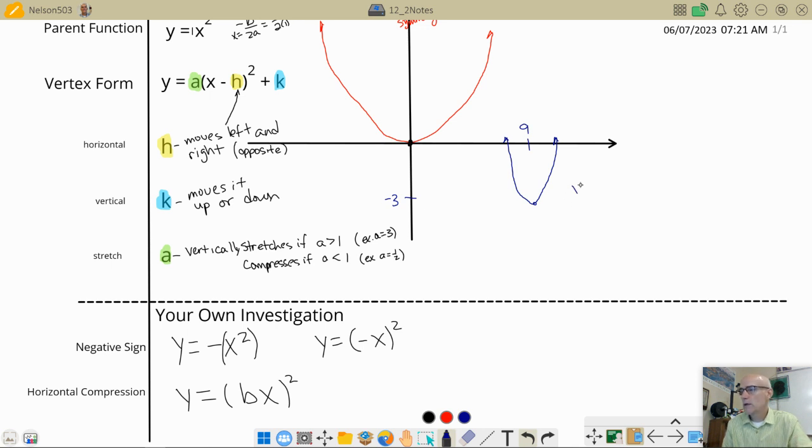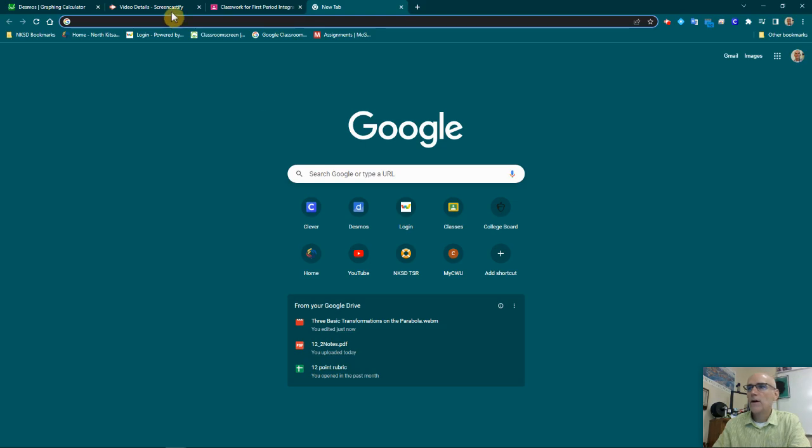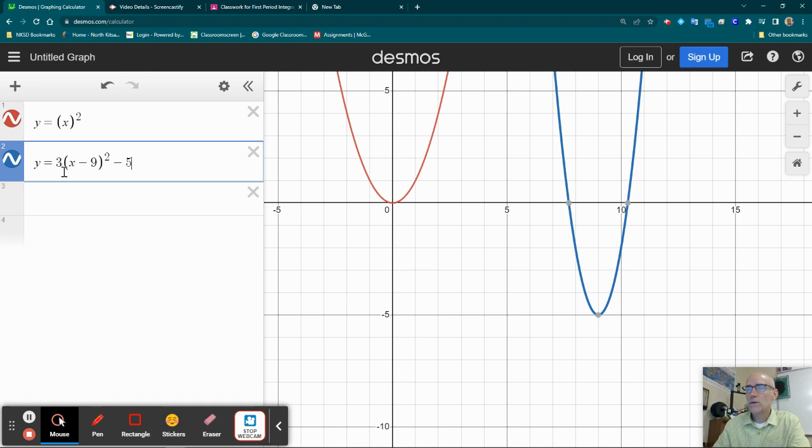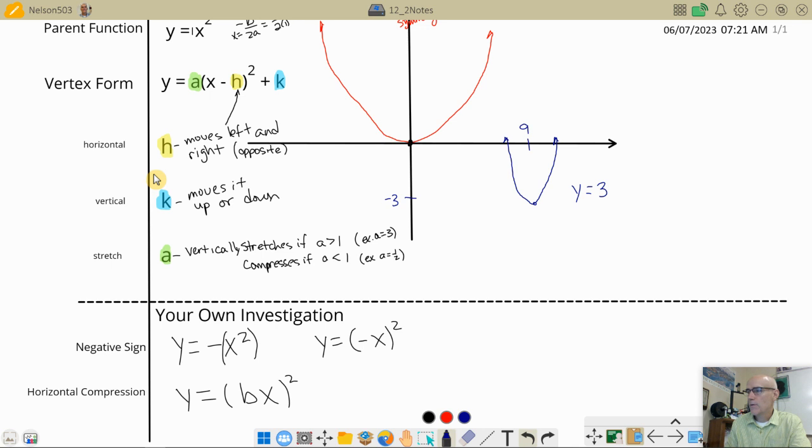It was like y equals 3. Shoot, I got to go over and look again. What did we have? It was 3. Oh, it was down 5. Okay, there, I'm going to fix that. So it was 3 times (x minus 9) squared.